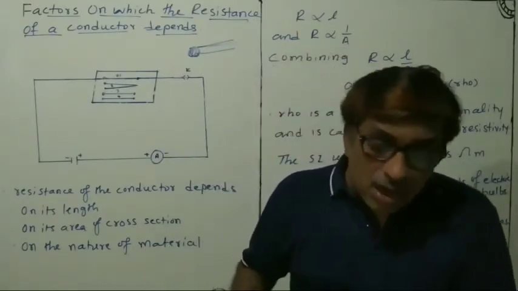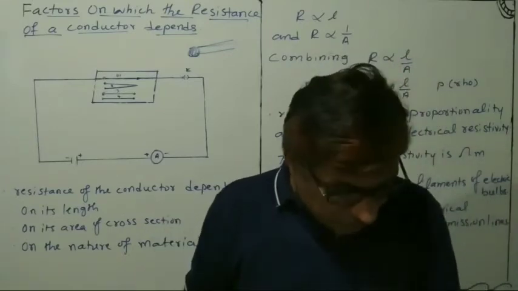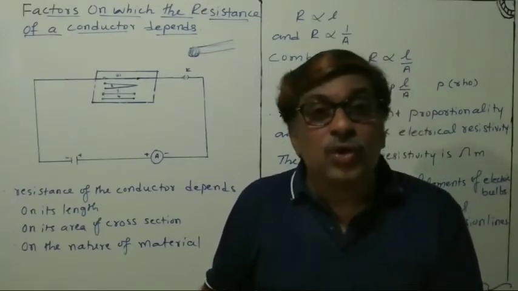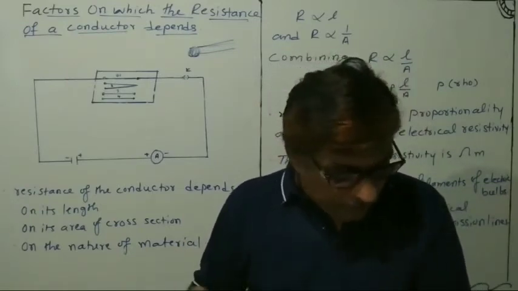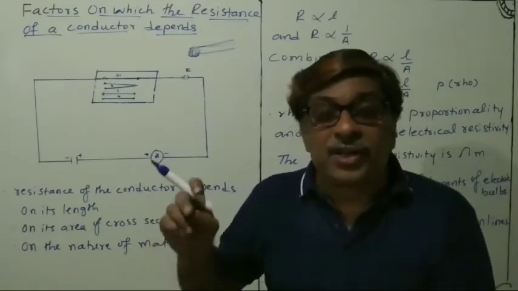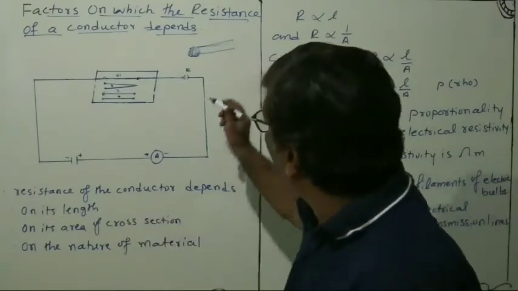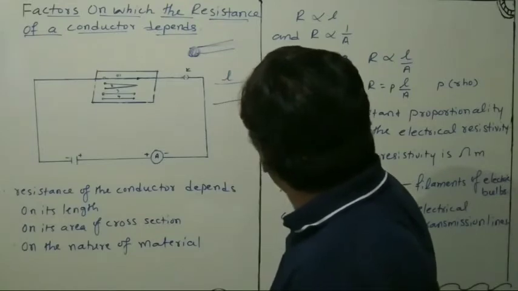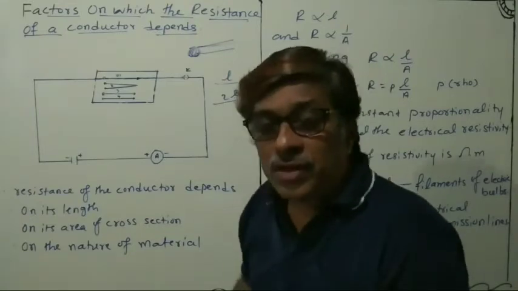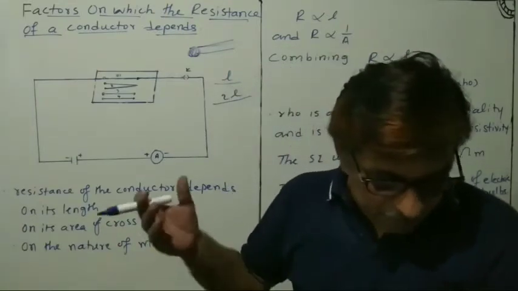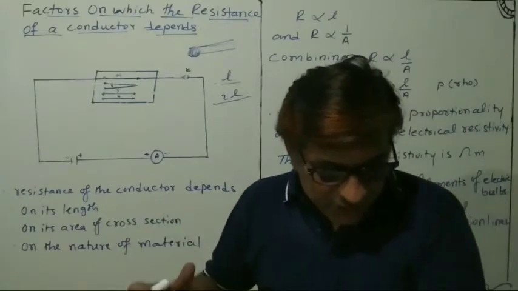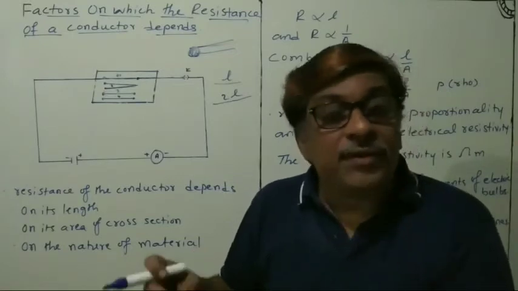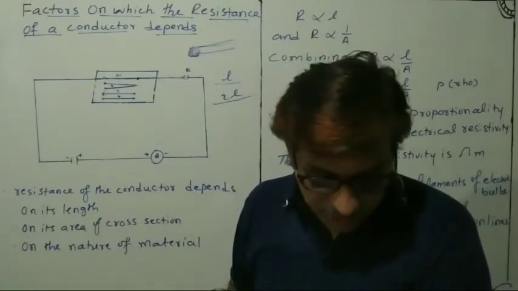Now, after the observation, it is observed that the ammeter reading decreases to 1/2 when the length of the wire is doubled. Suppose the length is L, and if it is increased to 2L, then the resistance increases and the current flow decreases.